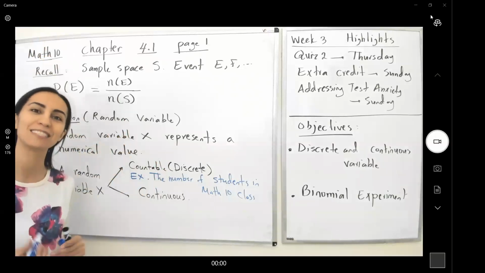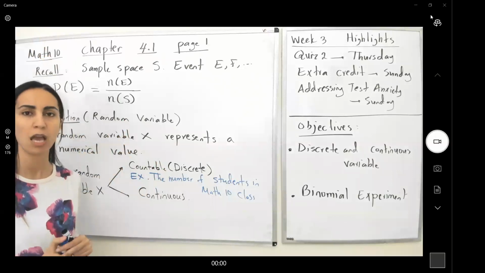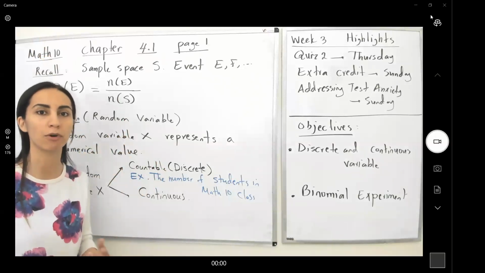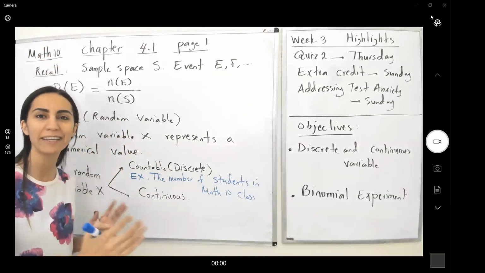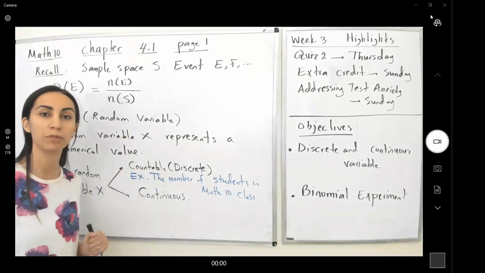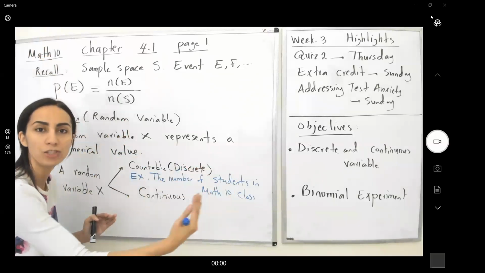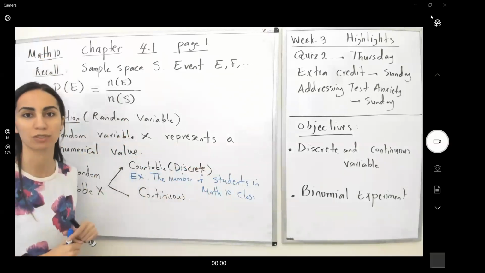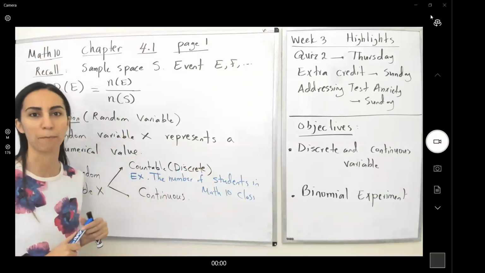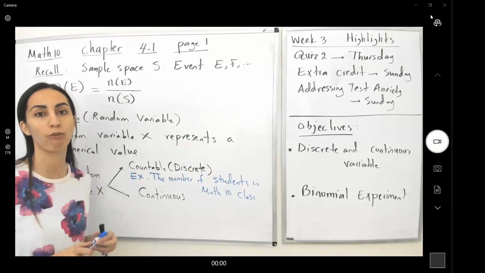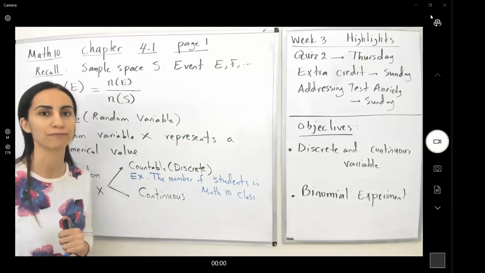How about a continuous random variable? A continuous random variable is a variable that takes on values between 2 other numbers, or a range of values. You cannot count them. You have those numbers in decimal form. Like what?